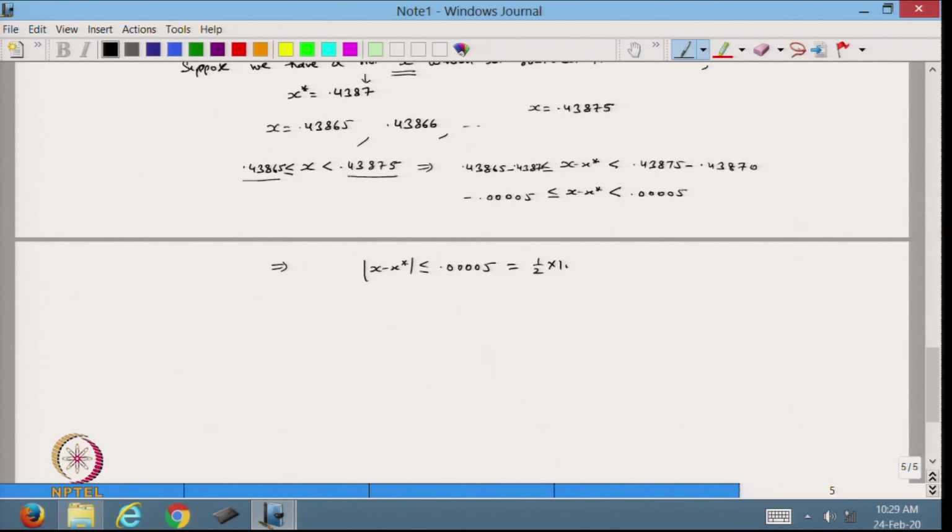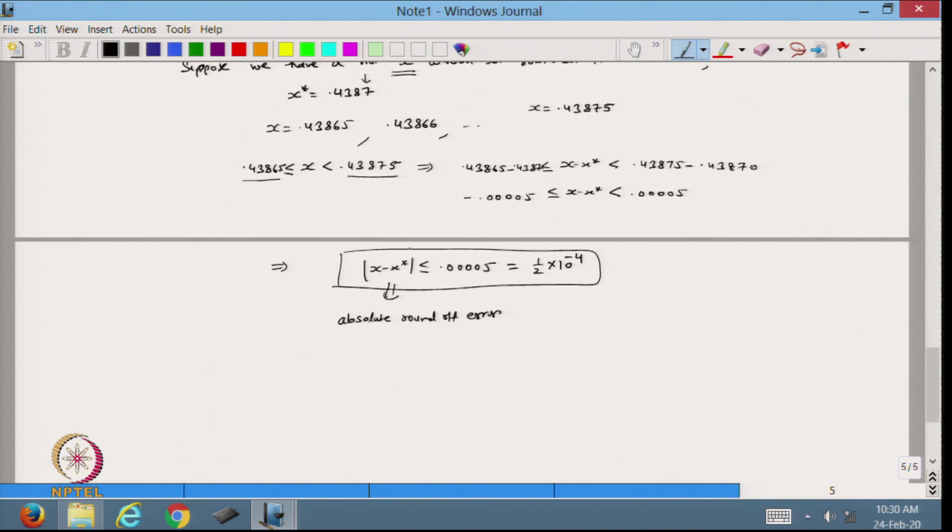This number I can write as half into 10 raised to power minus 4. Because we have rounded the number up to 4 decimals, 10 raised to power minus 4 is coming, and half. So, from here I can say that if I take the absolute value of the rounding error, this error is always less than or equal to half into 10 raised to power minus 4.